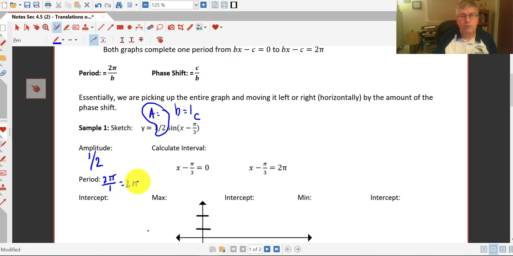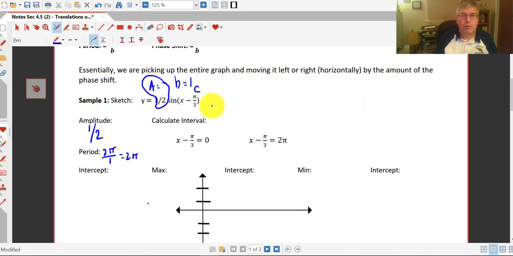And here's part of the new stuff. We're going to calculate our interval. So we're going to take bx minus c equals 0 and bx minus c equals 2 pi, and let's see what happens to our interval here. We're going to just add pi over 3 to both sides.